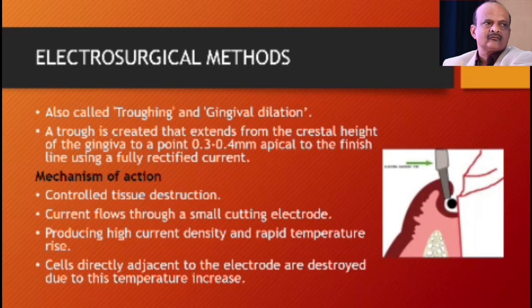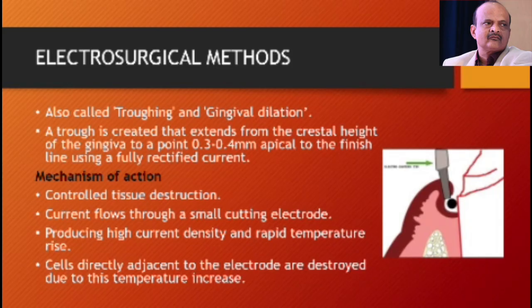Electrosurgical methods are also called troughing, gingival dilatation or surgical diathermy. A trough is created that extends into the crest of the gingiva to a point around 0.3 to 0.4 millimeter apical to the finish line, using a fully rectified current.